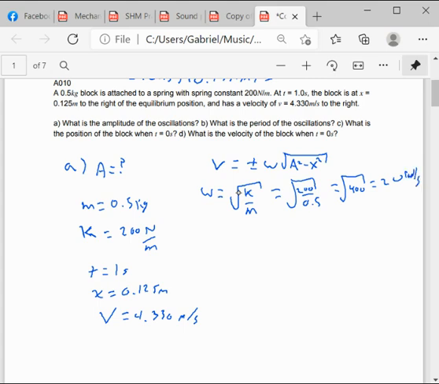Moving on, from the formula here, we can solve for amplitude. We can rearrange it, and via the algebra, what you end up getting is that the amplitude is equal to the square root of (speed over omega) squared plus x squared.